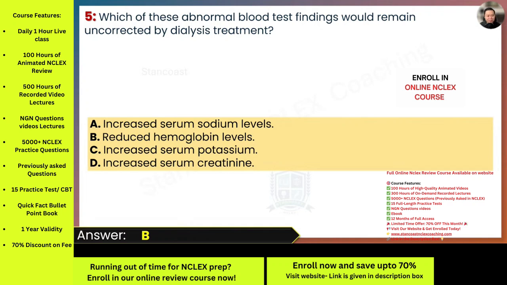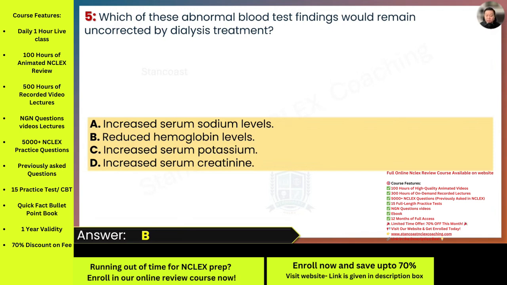Now, why is the letter A incorrect? Increased serum sodium levels. Well, we know that dialysis is designed to regulate electrolytes and their imbalances, and sodium is one of those electrolytes. For hypernatremia, the dialysis can remove the excess sodium.